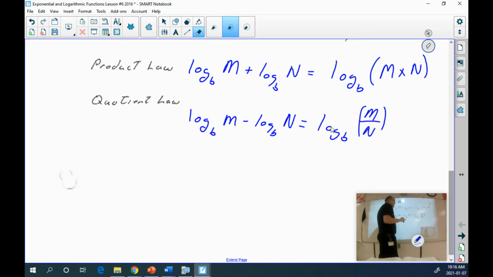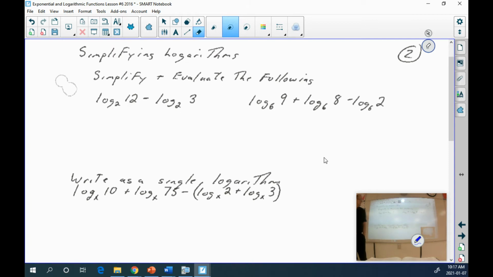Now again, notice it's not dividing the two logarithms. It's taking the one logarithm of the quotient of the arguments. And as I say, pause the video, go ahead, watch the proofs for this. Don't need to do the proof too much.